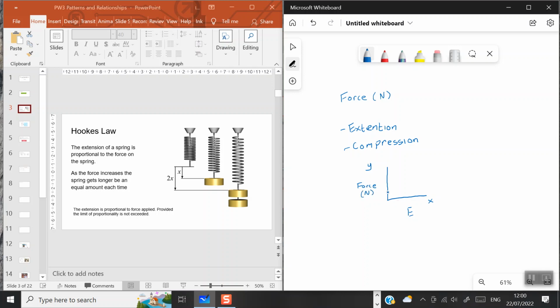We keep increasing the number of newtons that we're adding, and what do we actually observe? What actually starts to happen?